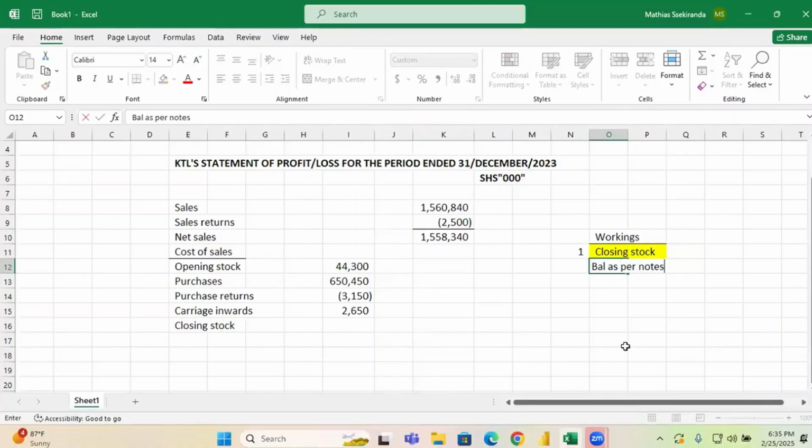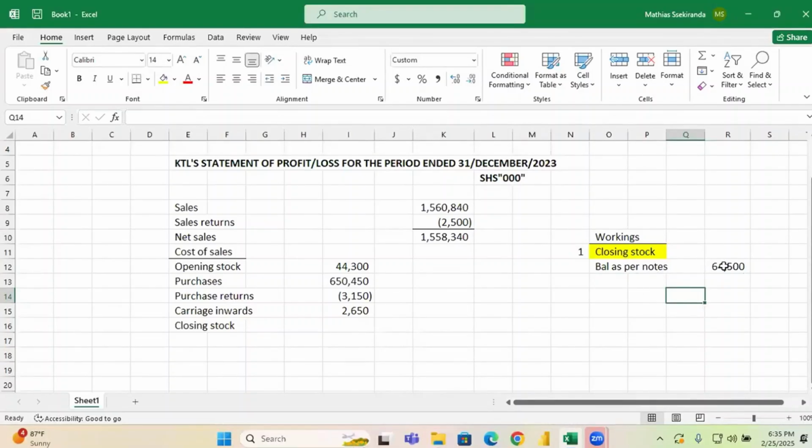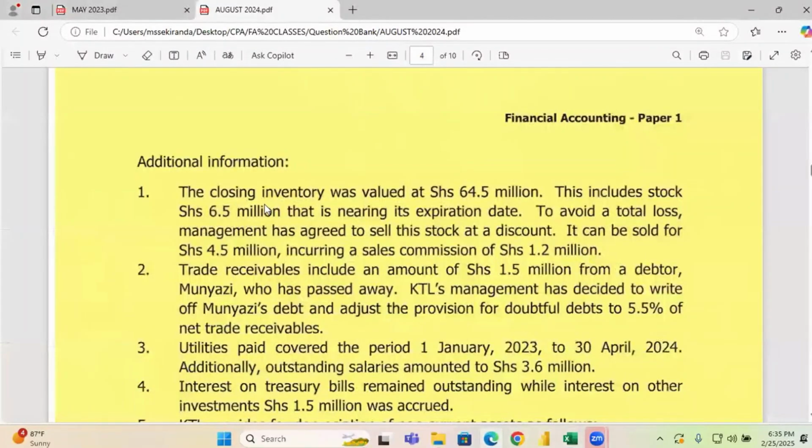But within this figure, there is stock that is nearing expiration, and its cost is 6.5.